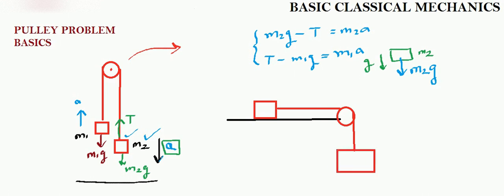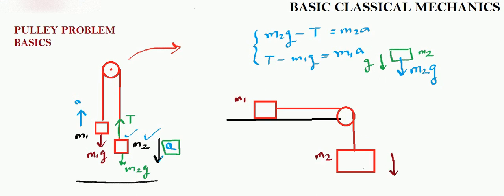Now consider that this block at the top has a mass m1, and this block has mass m2. You can see that m2 is greater than m1, hence you already know that it is going to fall downward. But can you tell me, is m2 going to fall freely? No, because there is some string tied to the mass m1, so it is not going to fall freely.